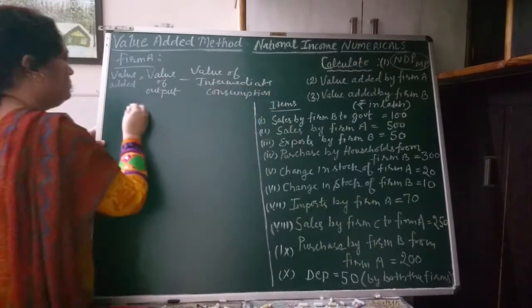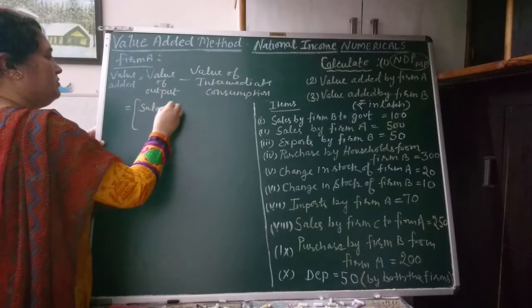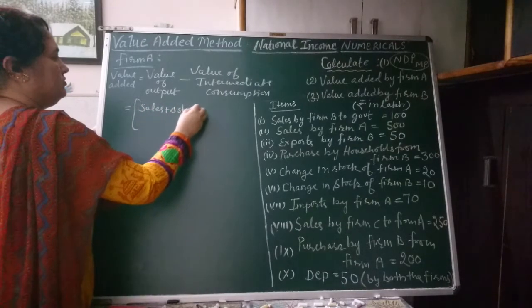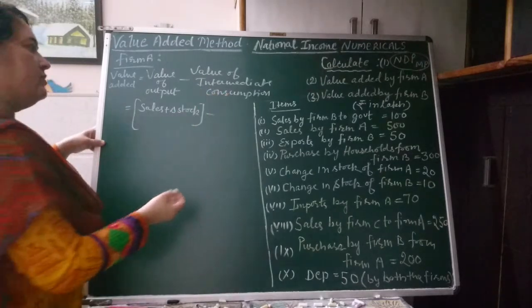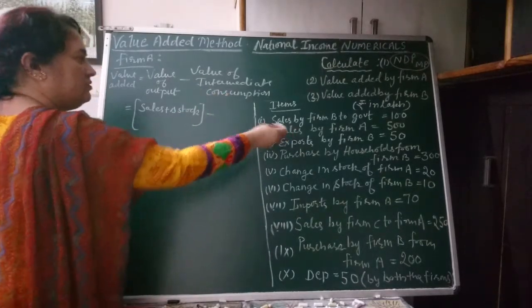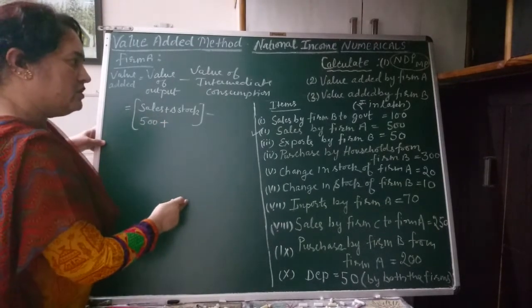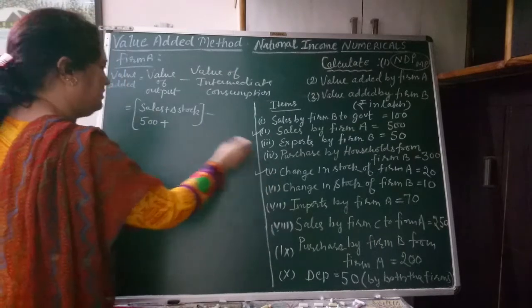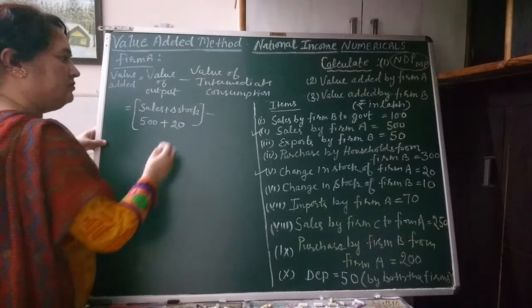Let us put the values. Value of output is sales plus change in stock, minus value of intermediate consumption. Sales by firm A is given as 500, plus change in stock by firm A, which is 20.